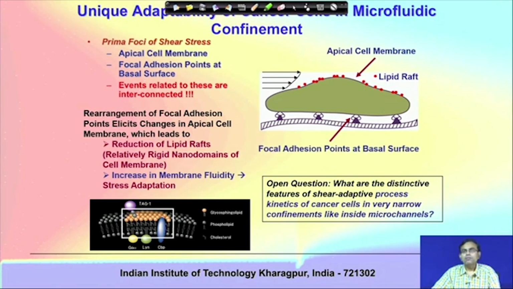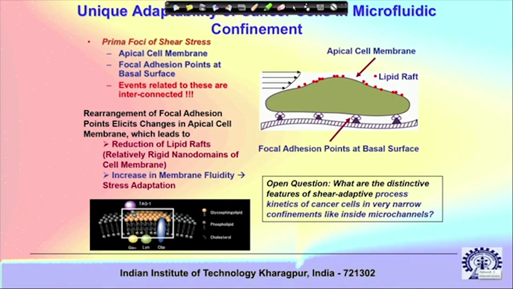To make a model of that, one of my former PhD students, Dr. Tamal Das, who is now a faculty member at TIFR Hyderabad, made a very interesting device called an ultra soft PDMS based traction force microscopy on a chip.